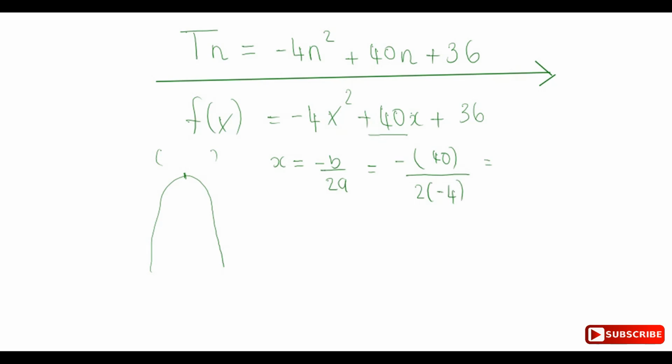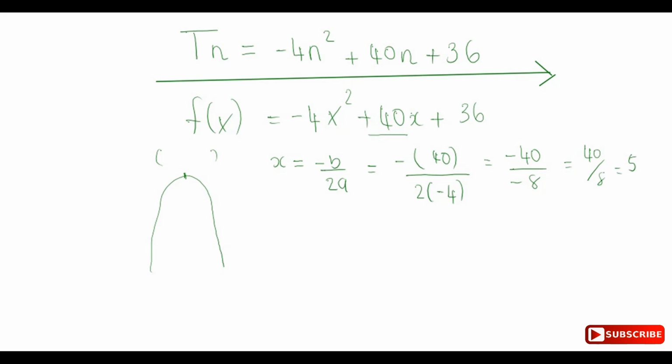You simply punch that into your calculator. Okay, so it's minus 40 all over minus 4 multiplied by 2, which is minus 8. So it's the same as saying 40 over 8, right? Which is equal to 5. So we found that the x is equal to 5.